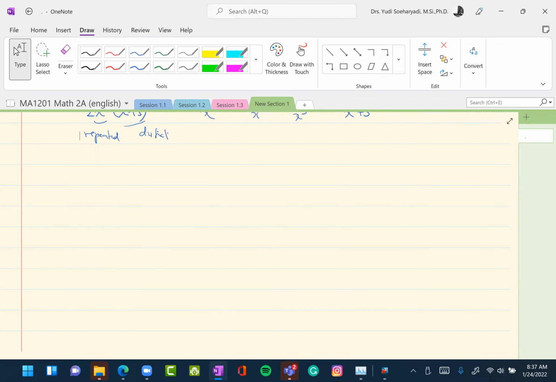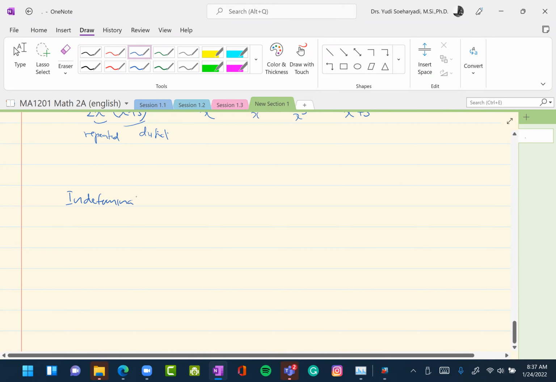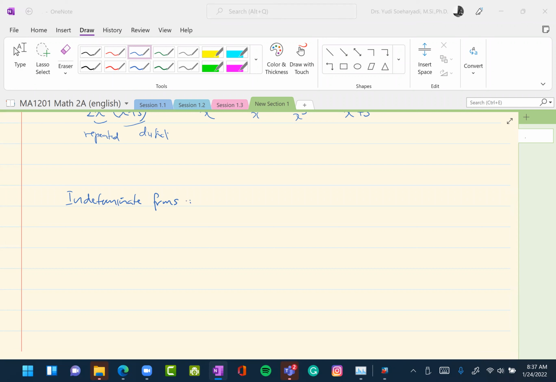What we call indeterminate form. Now let's do some more intuitive computations.